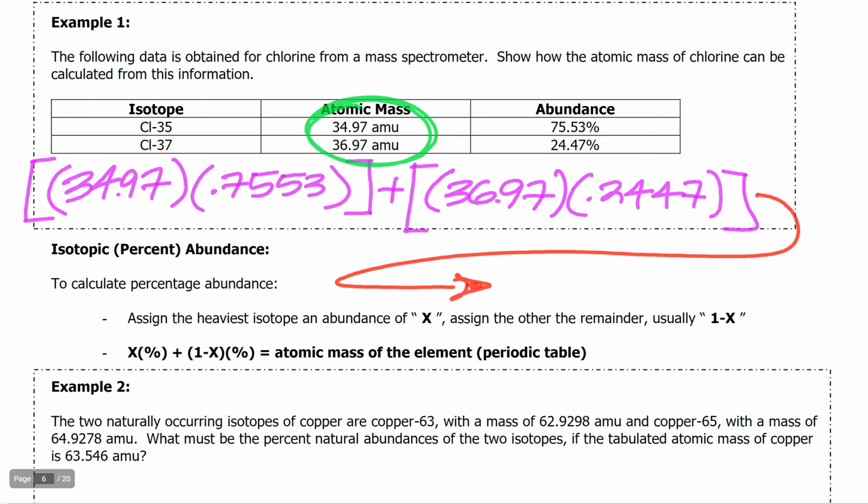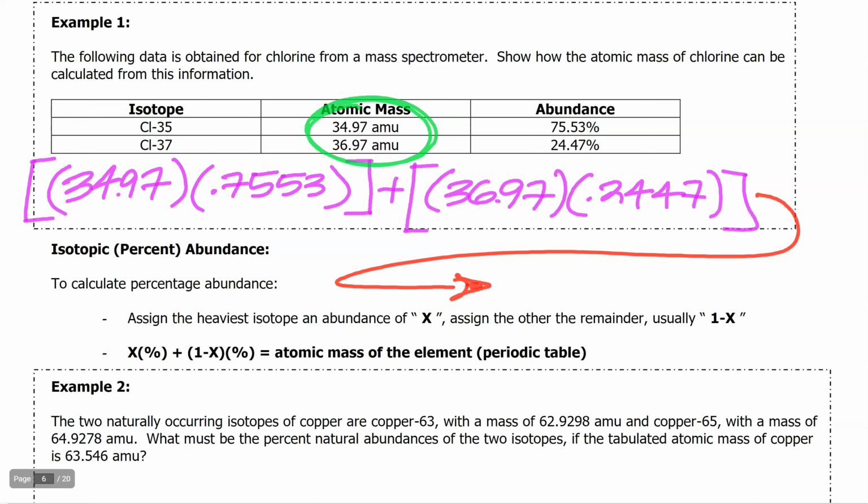Okay, let's go ahead and run this through our calculator. Just do it real quick with me. Plug in 34.97, multiply it by 0.7553 on your calculator, hit enter. Go ahead and hit plus, and then inside of parentheses, do your 36.97 times your 0.2447.